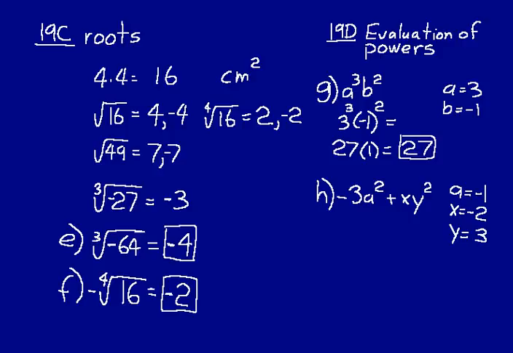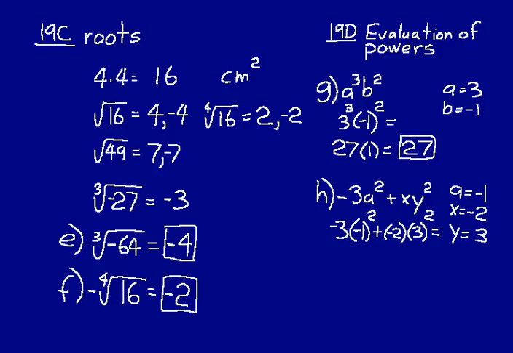Let's do another one. Let's evaluate that expression when a is -1, x is -2, and y is equal to +3. So we have a -3 times a squared, so that's -1 squared, plus the x, which is -2, and then times y squared, so that'll be times 3 squared.